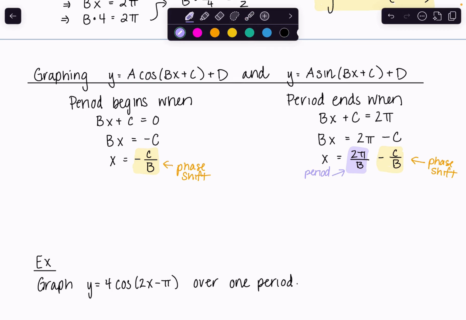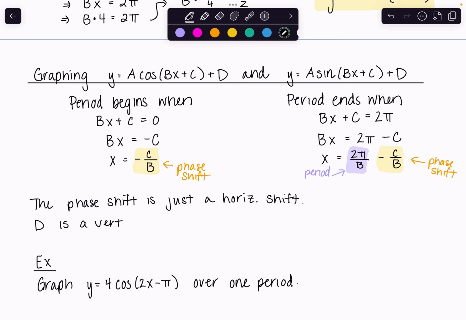So the phase shift is just a horizontal shift. And then that plus d or minus d, whatever it is, is a vertical shift. We will take care of that at the very end and not bother with it until then.